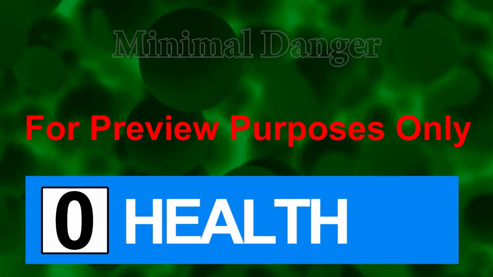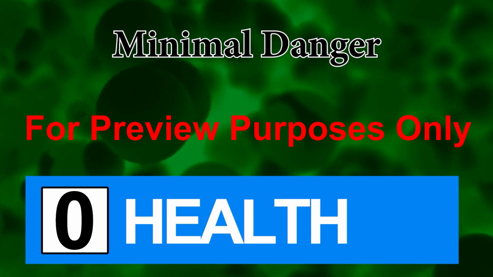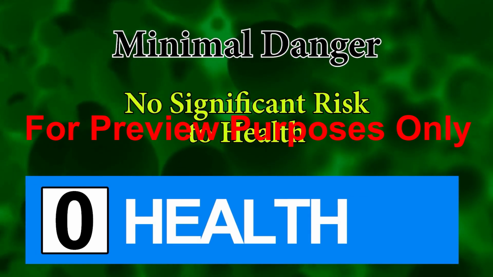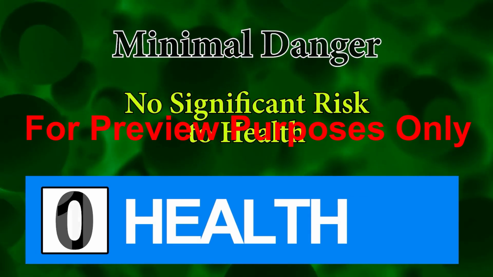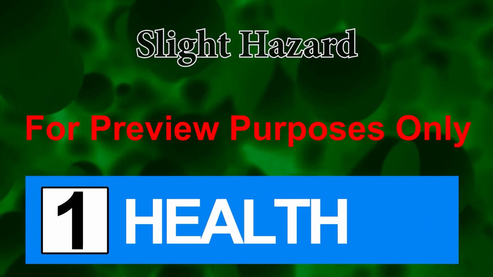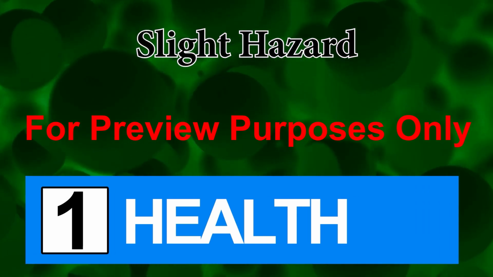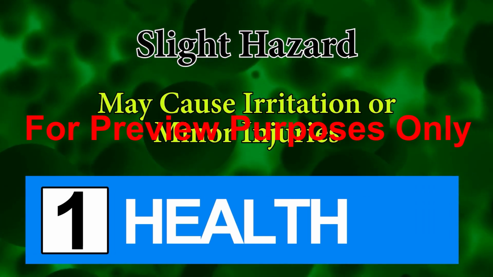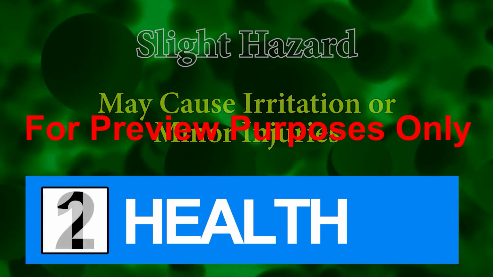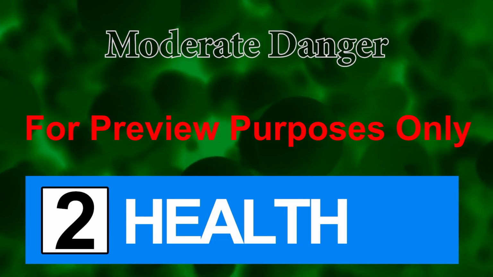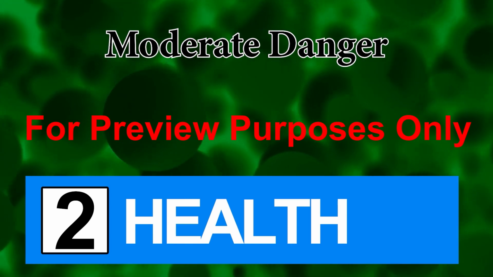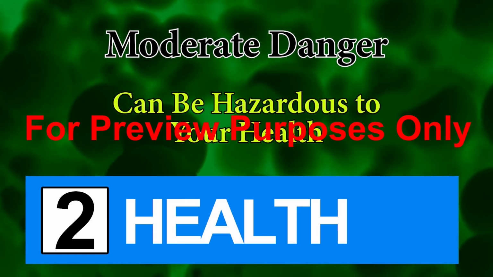In the health category, 0 indicates minimal danger. Exposure to this substance poses no significant risk to your health. 1 indicates a slight hazard. Being exposed to this type of substance might cause irritation or minor injuries. 2 indicates moderate danger, meaning the substance can be hazardous to your health.